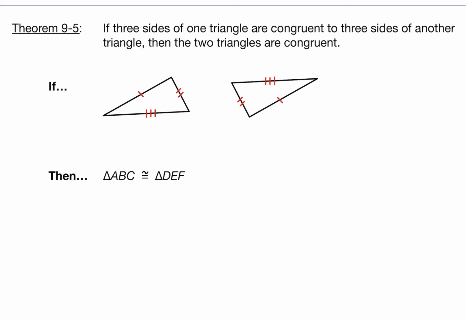And I should have labeled this. I would say that triangle ABC is congruent to triangle DEF. Okay, so those triangles are congruent, and this is via the side congruency, okay? Because all three sides are equal to all three of these sides.